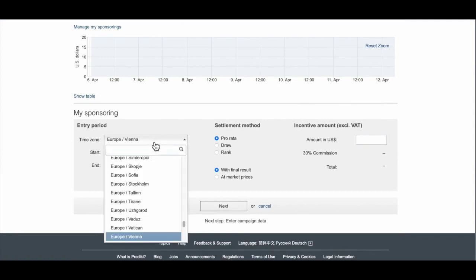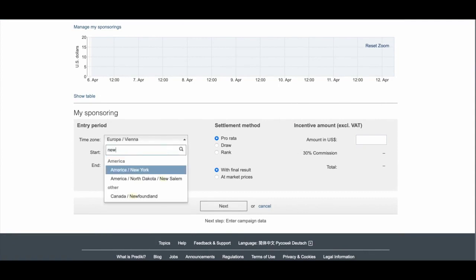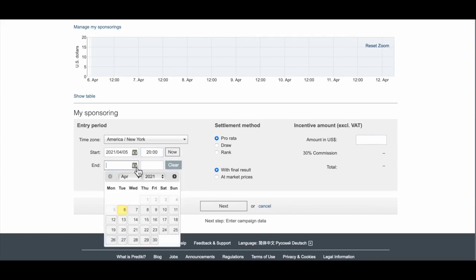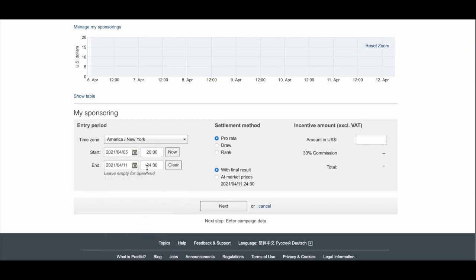We simply enter here the time zone of New York. We want to start now, maybe in an hour or so, 2000. We want to end this on Sunday at midnight.